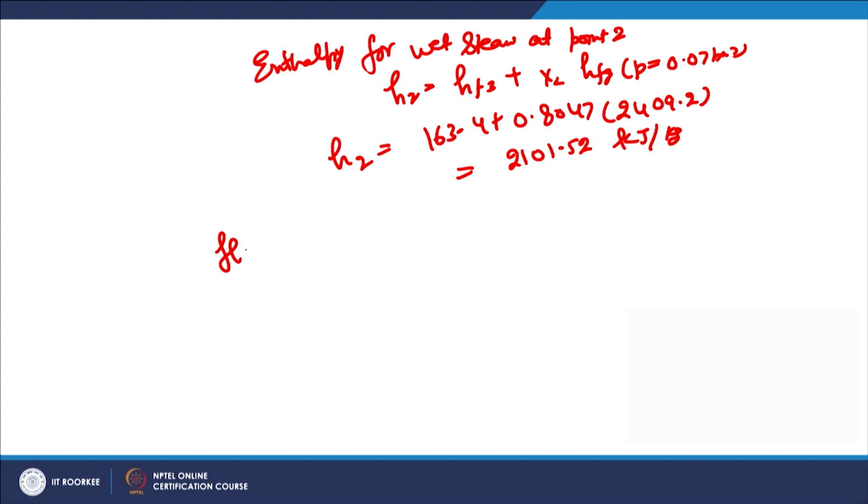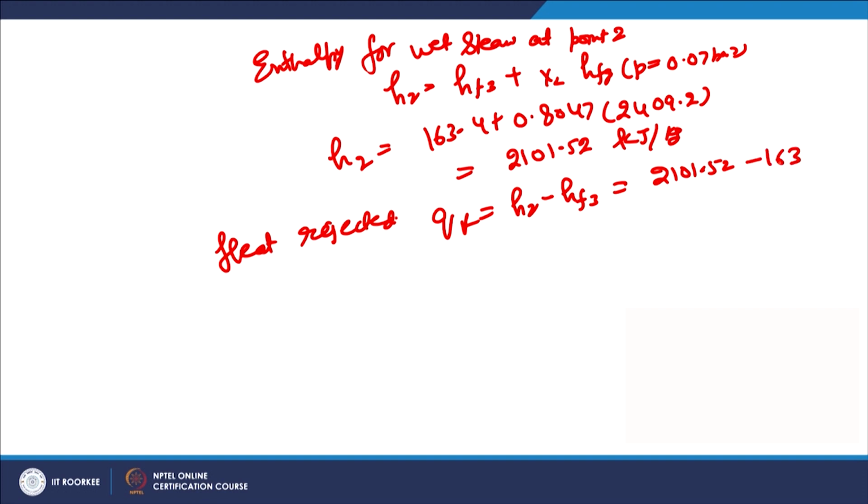So heat rejected QR is equal to H2 minus H3, and that is 2101.52 minus 163, and that is 1938.52 kilojoule per kilogram.